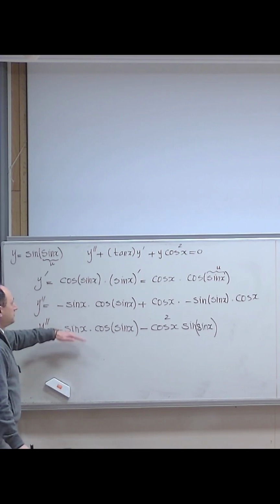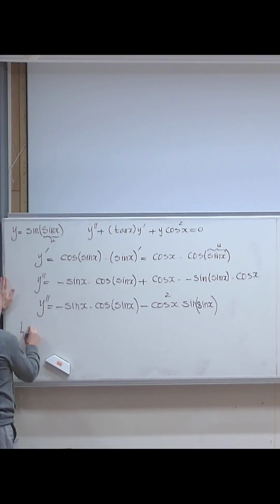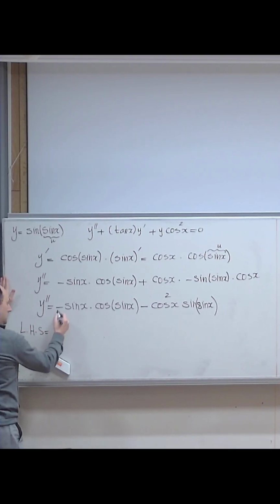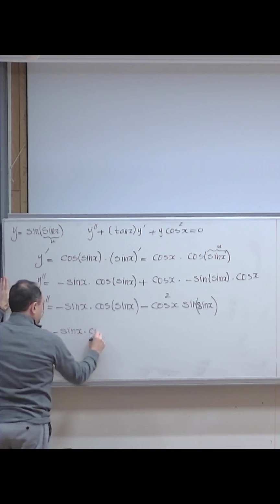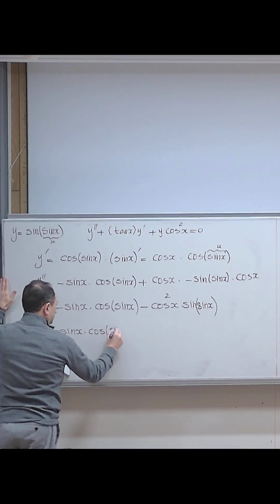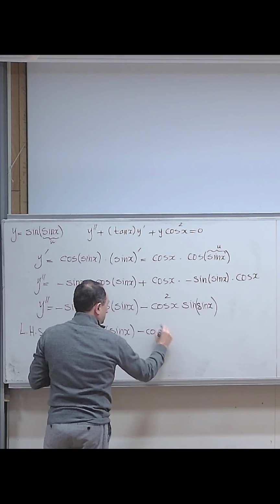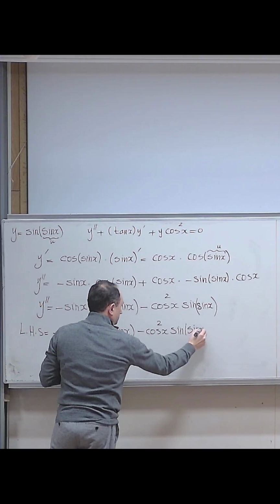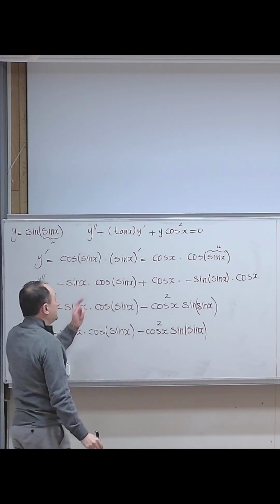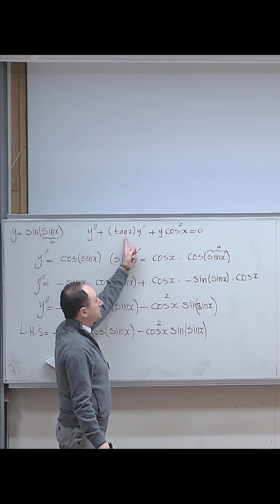Now I put everything back into my differential equation. So the left-hand side becomes simply this expression that I just calculated. This is y double prime. Then this is my y prime. I have to multiply it by tangent.